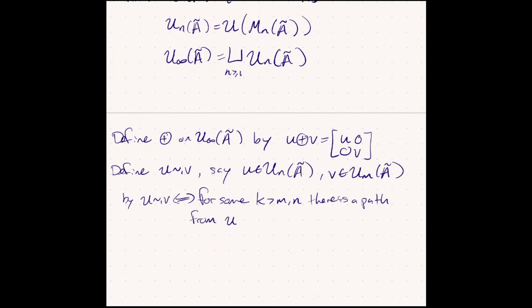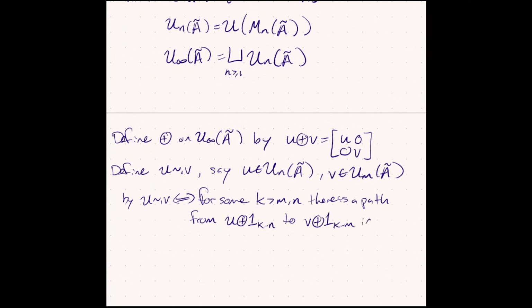from U direct sum the identity matrix in K minus, I think maybe it's K minus M to get you to the same one, to V direct sum the identity matrix in K minus M. I hope I have the sizes of the identity matrices correct. I think you had it right before, direct sum onto K minus N. Oh, duh, because it's like N plus K minus M. Yeah, okay, thank you.